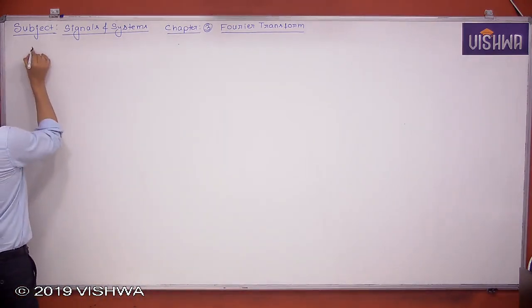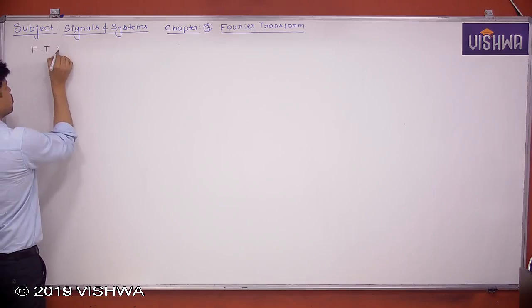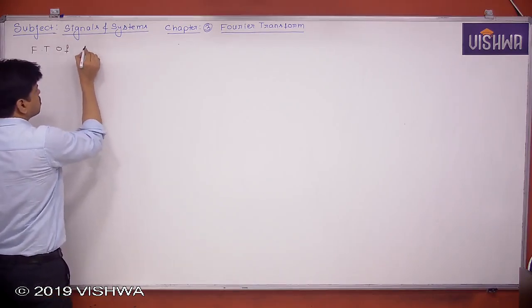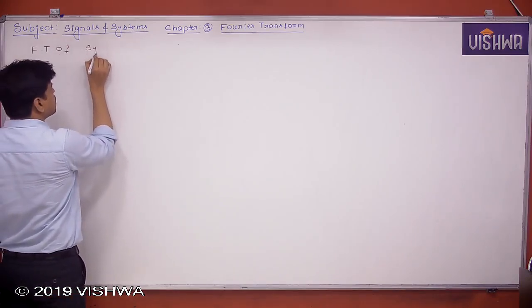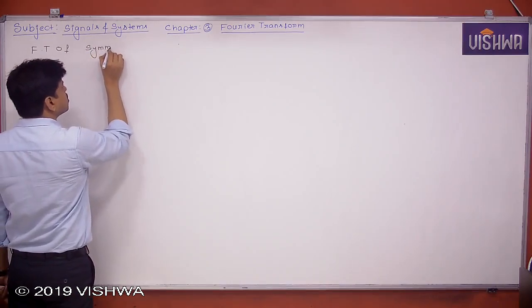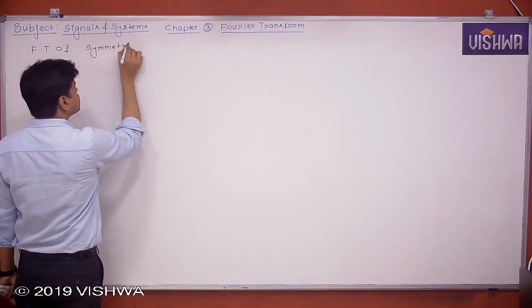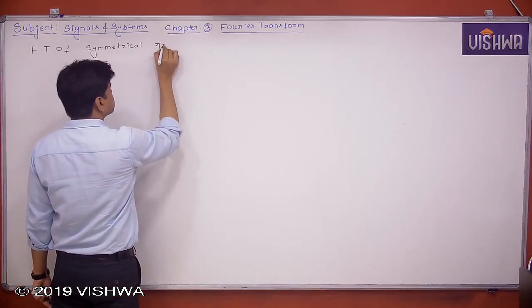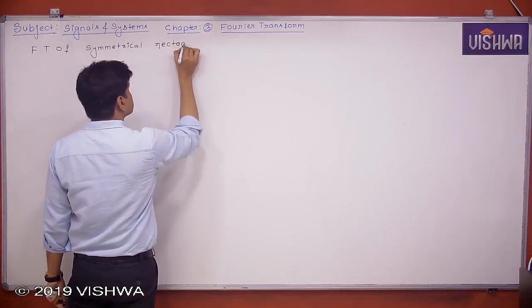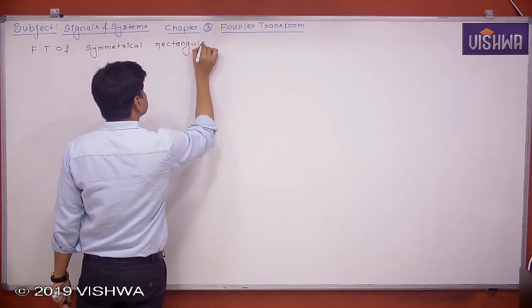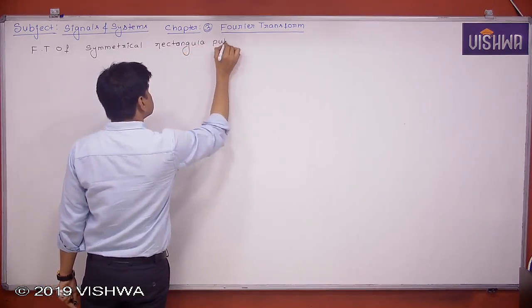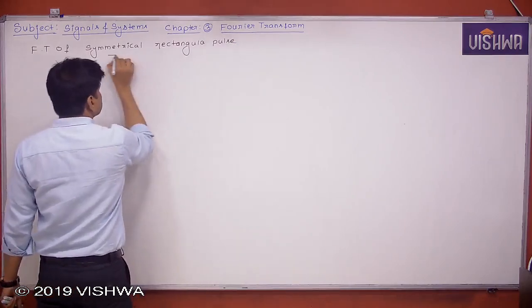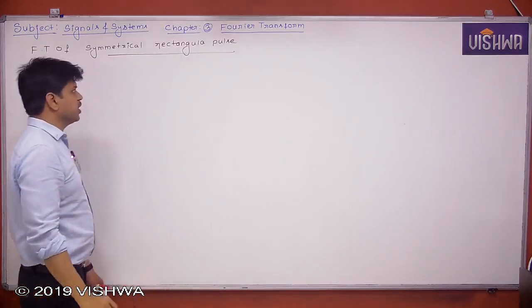So let's give an example. Fourier transform of a symmetrical rectangular pulse. For this signal, we have to calculate the Fourier transform.